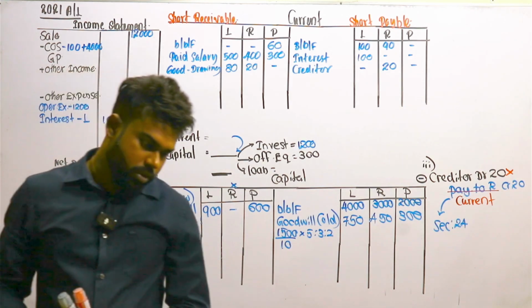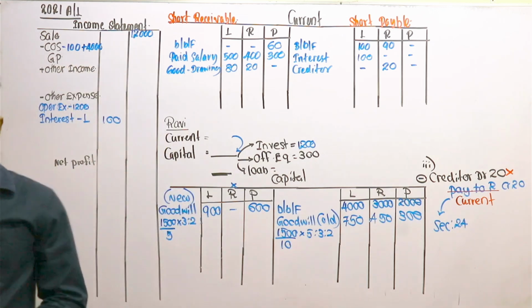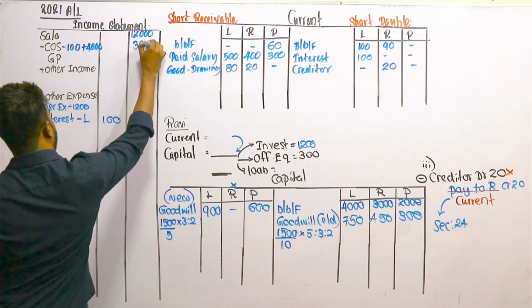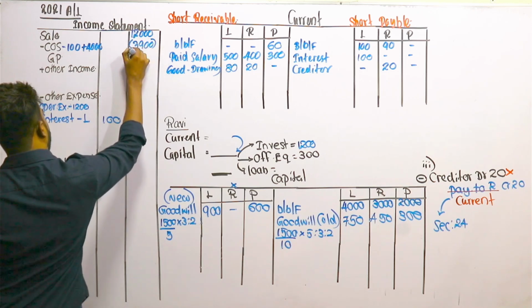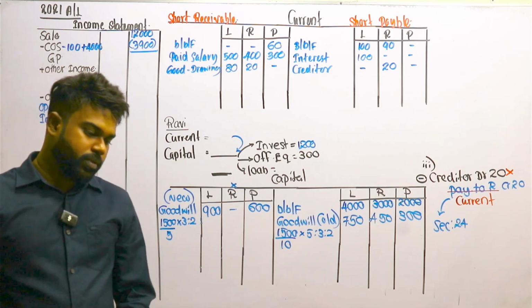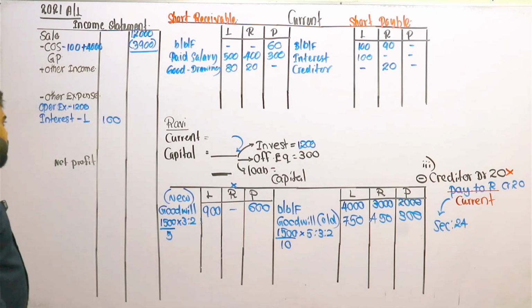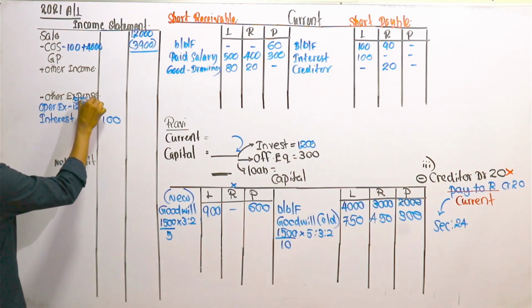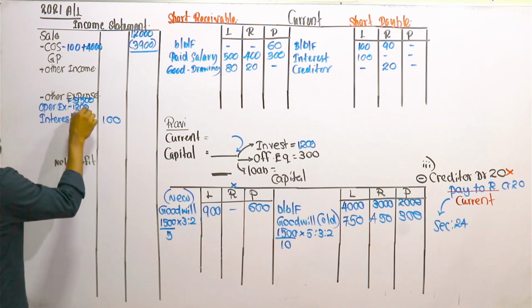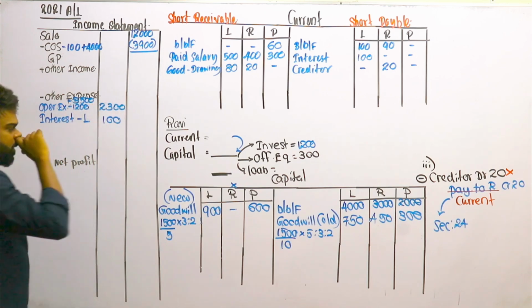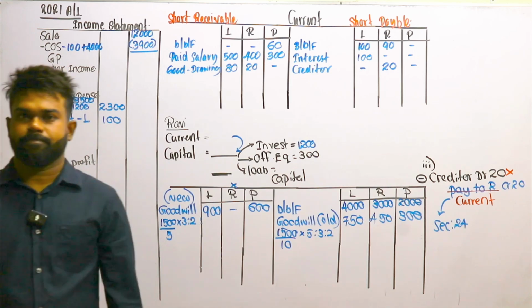How much is the cost of sales then? After deducting this 100, 3,900. Next one, operating expenses 3,500. After this 1,200 deduction, 2,300.